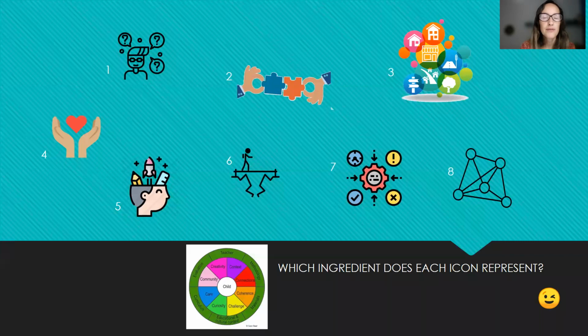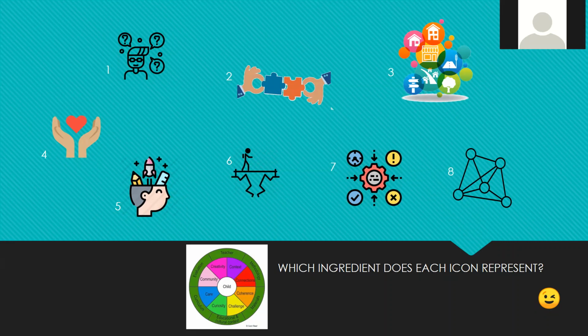What do you think each of these icons represent? Maybe number 1 is curiosity. Yes, very good. Number 1 is curiosity. Great. Number 5, creativity. Number 5, yes, creativity. Great, very good.